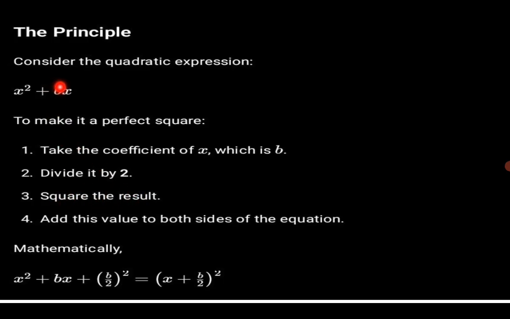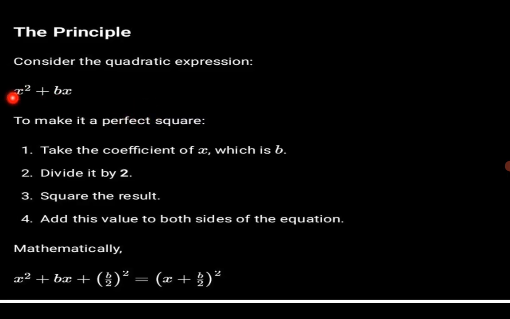So take whatever number this is, divide it by 2, square it, and then add this value to both sides of the equation.